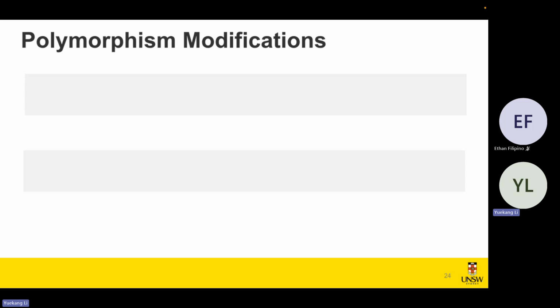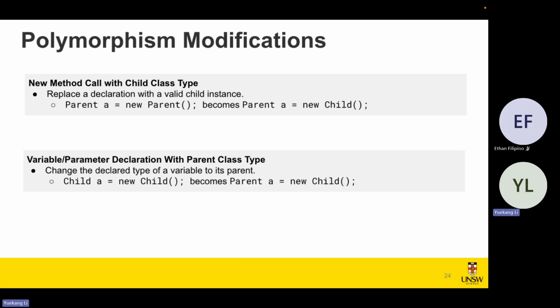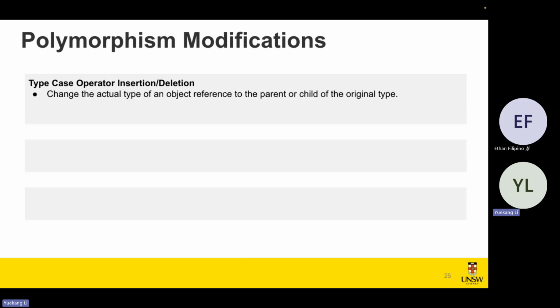And of course, another important characteristic of object-oriented programming is polymorphism. So we can also do modifications in accordance with polymorphism. What we can do is create a new method in the child class rather than the parent class. For instance, we can also try to declare a variable with the parent class. So we can switch between the usage of child and parent. And of course we can try to do some castings.